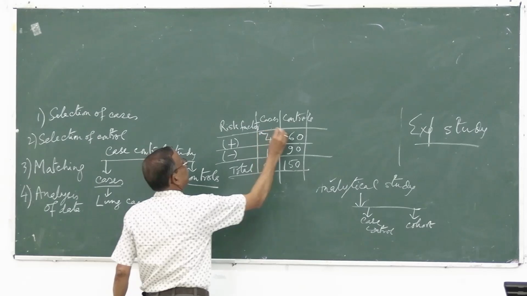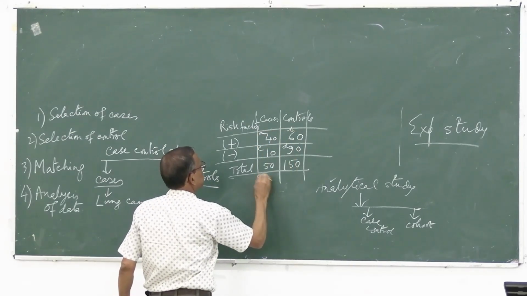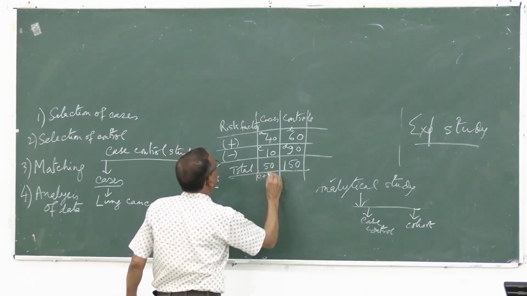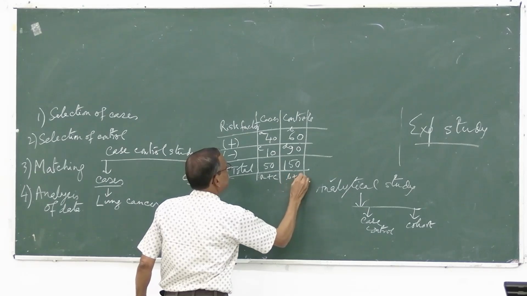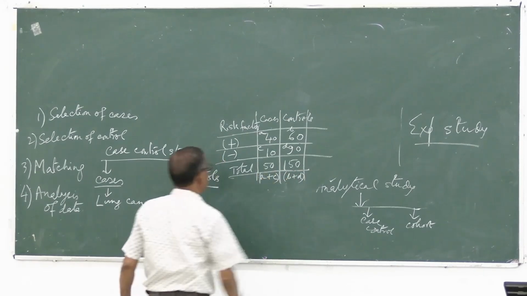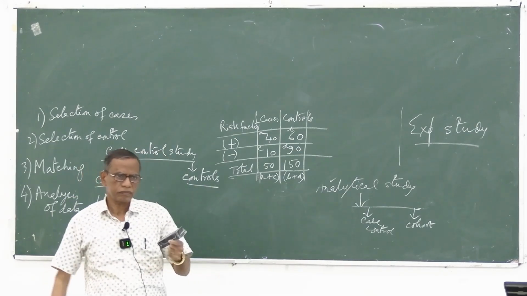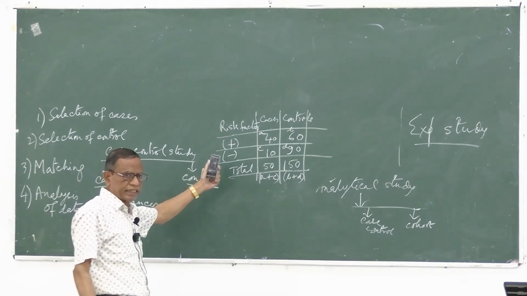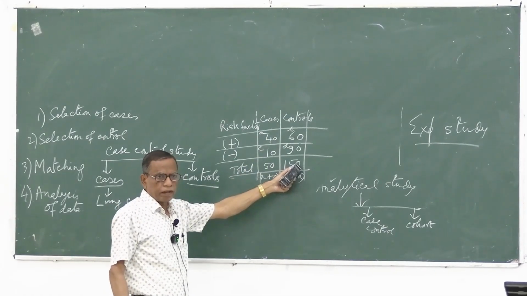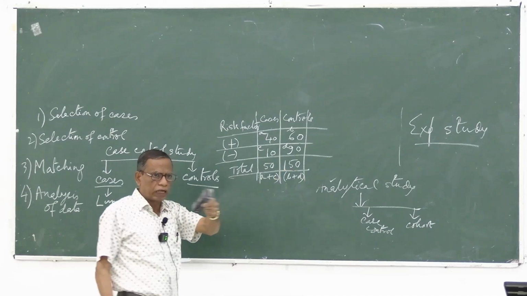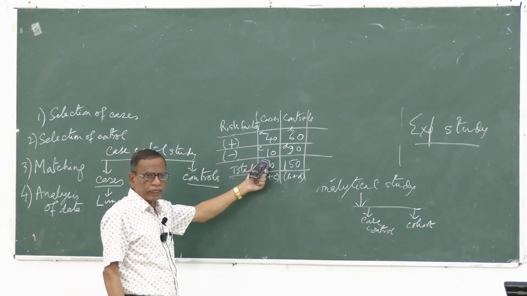So this cell A, this cell B, this cell C, this cell D. It is A plus C. It is B plus D. So frequency of exposure to the risk among the cases and frequency of exposure among the controls. You have to calculate the frequency of exposure among the cases.